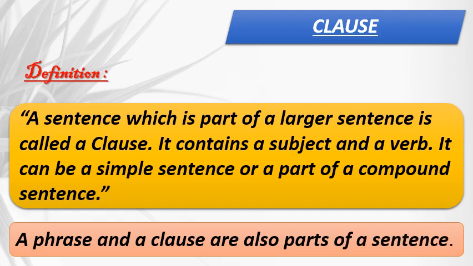Or in a simple way, we can say that a clause is comprised of a group of words which includes a subject and a finite verb. A clause contains only one subject and one verb. The subject of a clause can be mentioned or hidden, but the verb must be clearly visible and distinguishable.